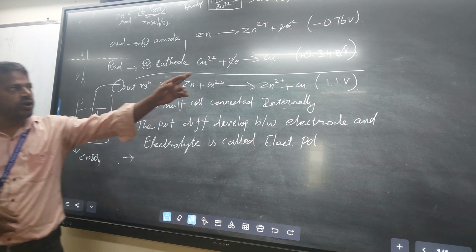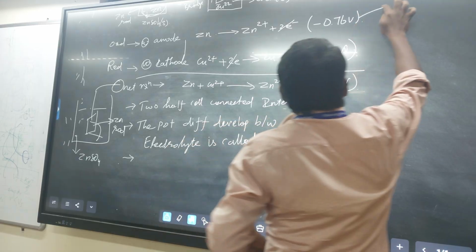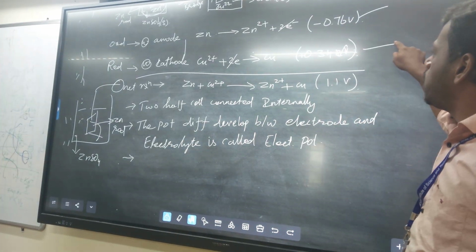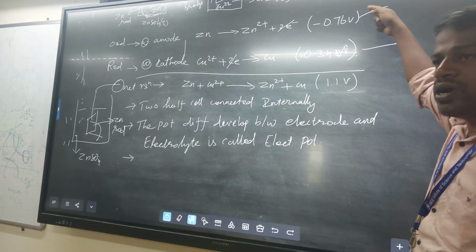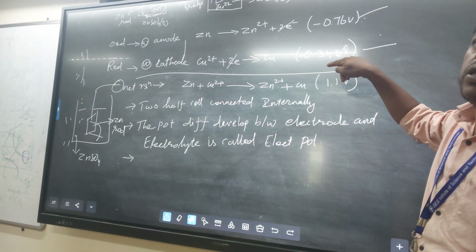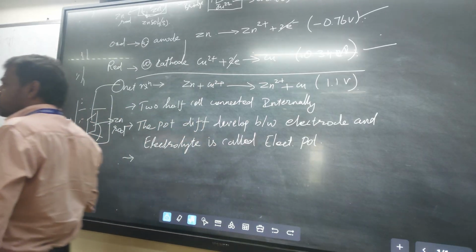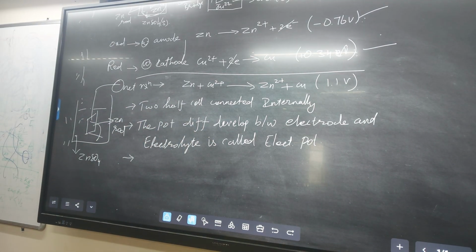Whatever you get, this is a half cell potential. When you connect two half cells, you get the cell potential.